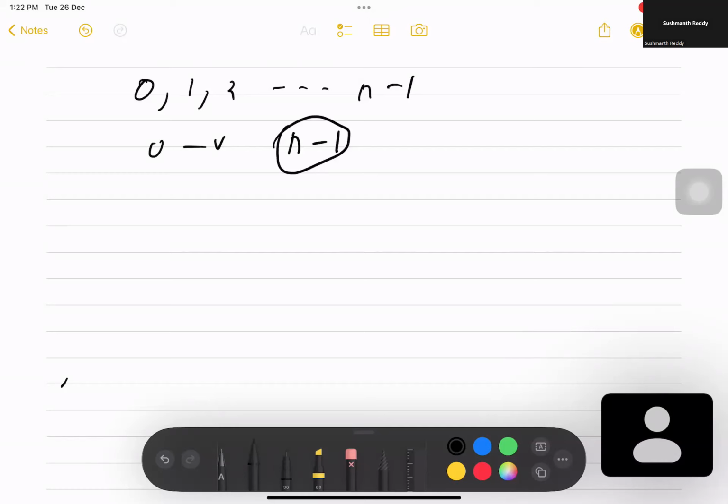Now we have an array called coins given. Coins of i tells us how many coins are assigned to the ith node.